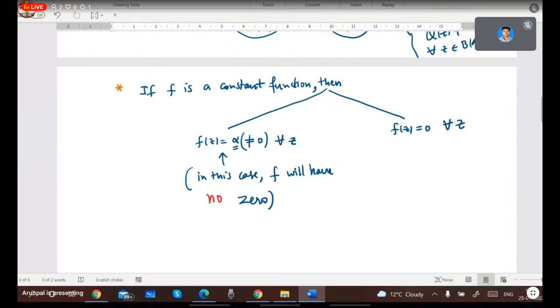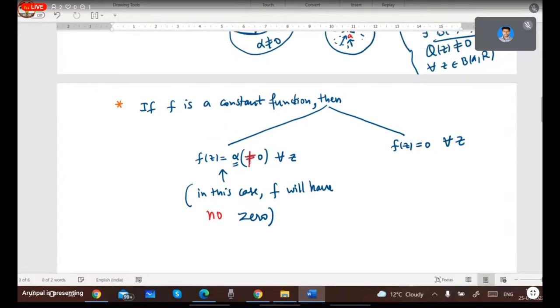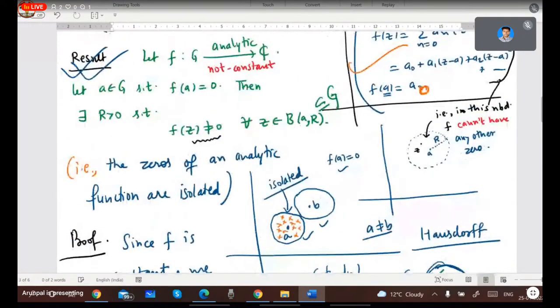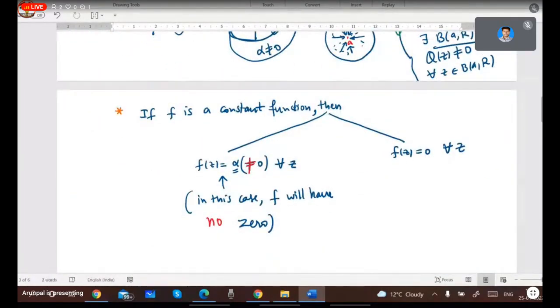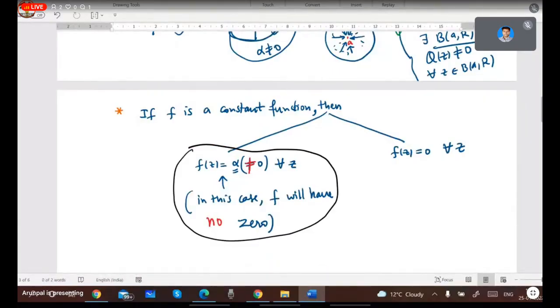But you are taking some constant which is non-zero, and that will be a violation of our given fact. We are strongly given that there exists some a at which the function is taking the value 0. Is this okay, class? So this possibility is ruled out, right? So only the second possibility is left. Is this okay, class? Yes, sir.